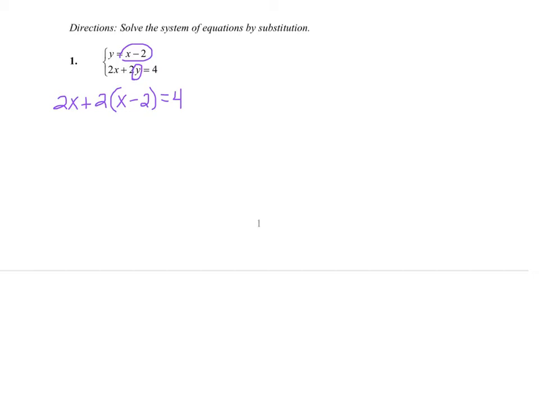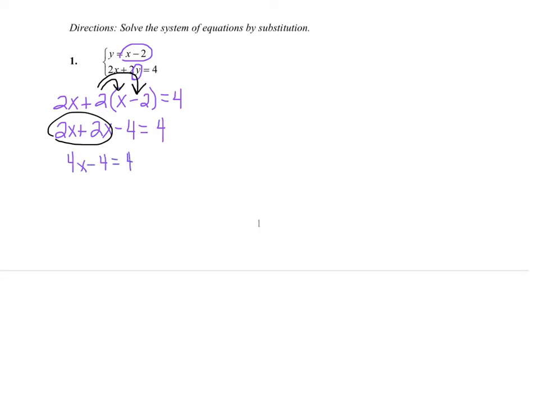Now step 2, we're going to solve. So you have 2x plus, we have to distribute 2 times x, which gives us 2x, and then 2 times a negative 2, which gives us a negative 4, and that equals 4. Our next step, we want to combine our like terms, which is 2x plus 2x, and that gives us 4x minus 4 equals 4.